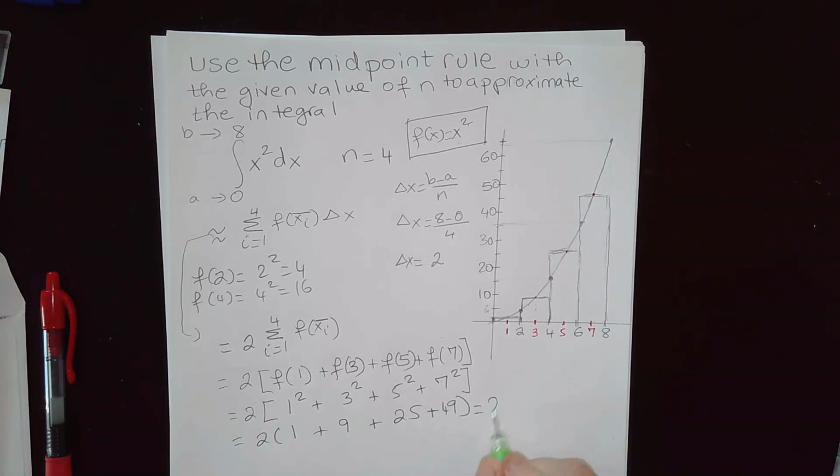So you can add what's in here. This is 10 plus 25, that's 35. It's going to amount to 84 here. 2 times 84 is 168. So if we use the midpoint rule to approximate this integral, the approximation is 168. I hope you found this video helpful. Have a good day, everybody. Bye-bye.